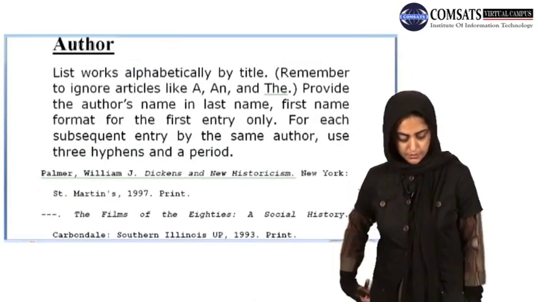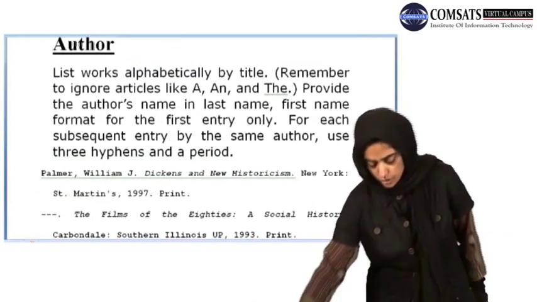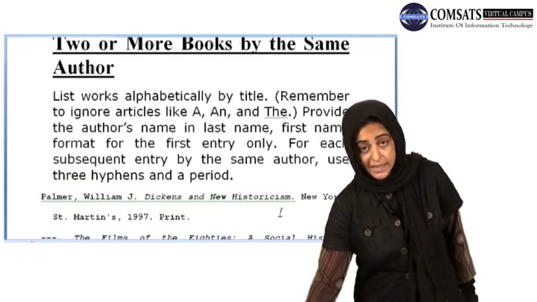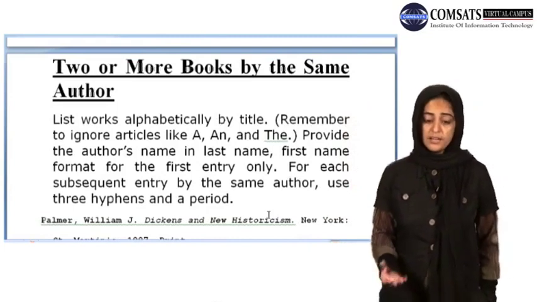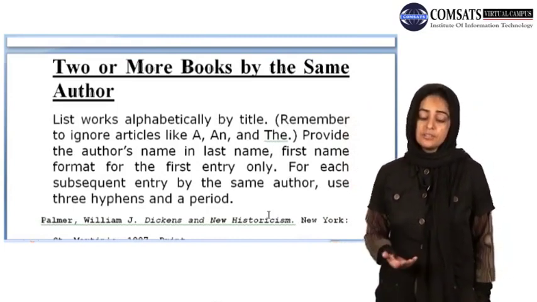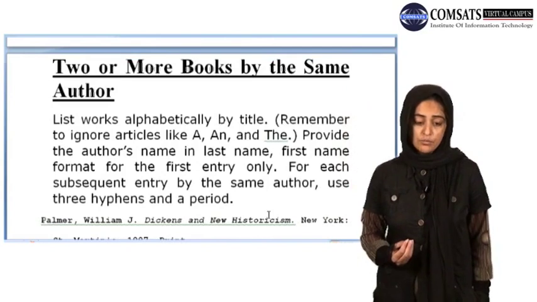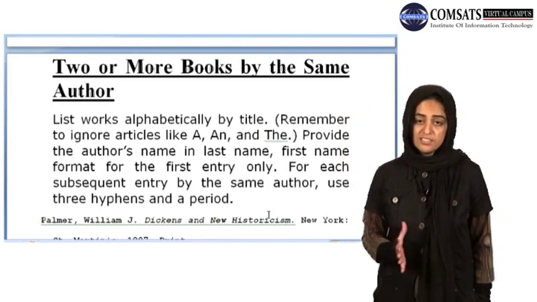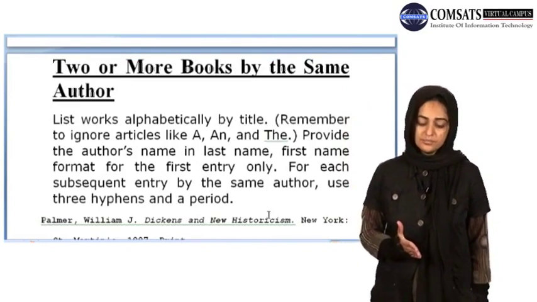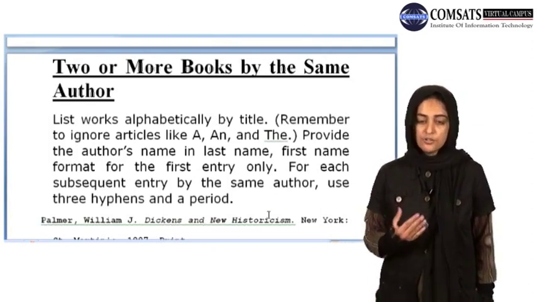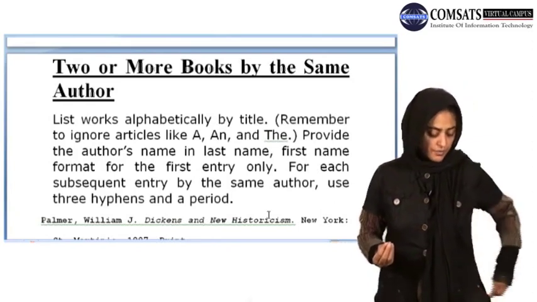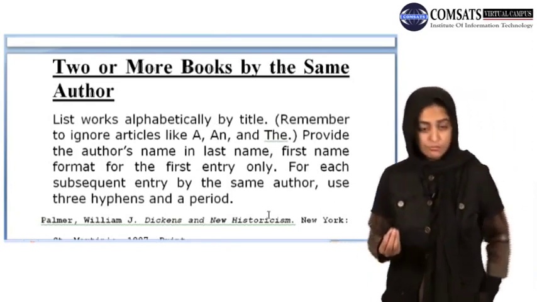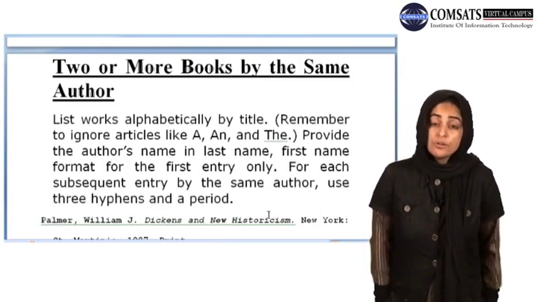Now dear students, although we have discussed it in the general guidelines for MLA referencing, what to do if you are creating the reference, if you are sharing some information with your readers from one author, but from more than one book, from more than one article of the same author.